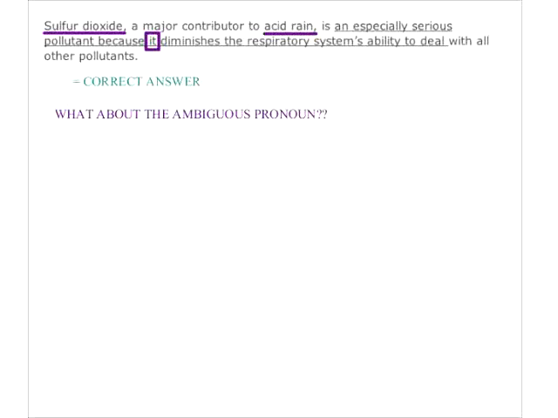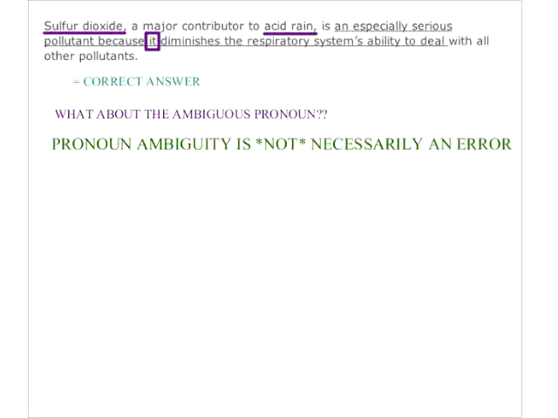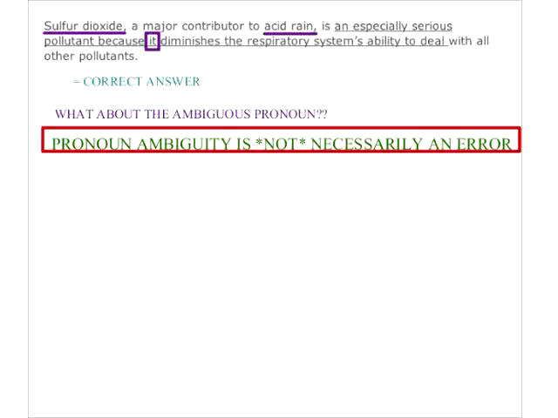Pronoun ambiguity is not necessarily an error. In fact, there are lots and lots of problems whose correct answers have technically ambiguous pronouns.